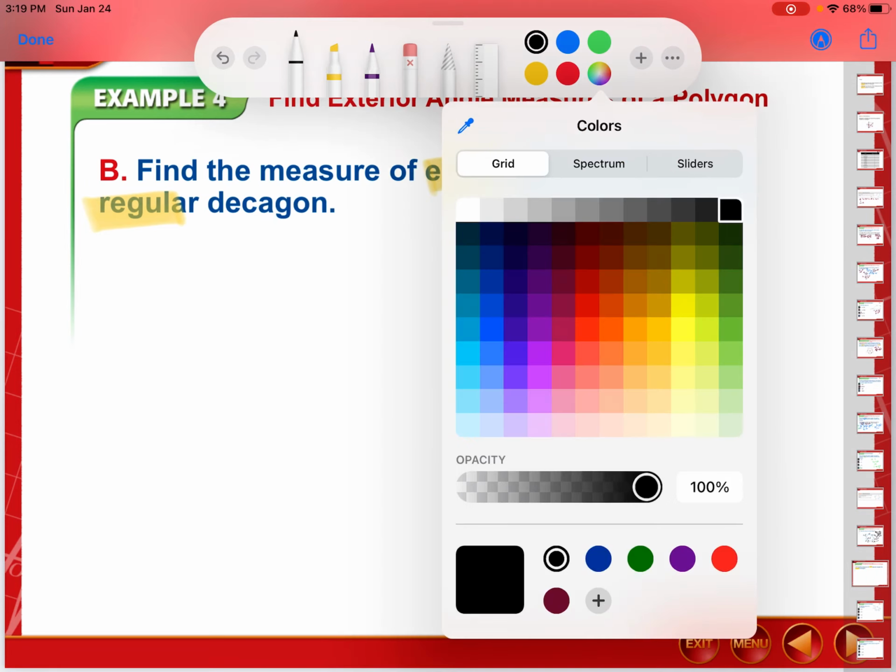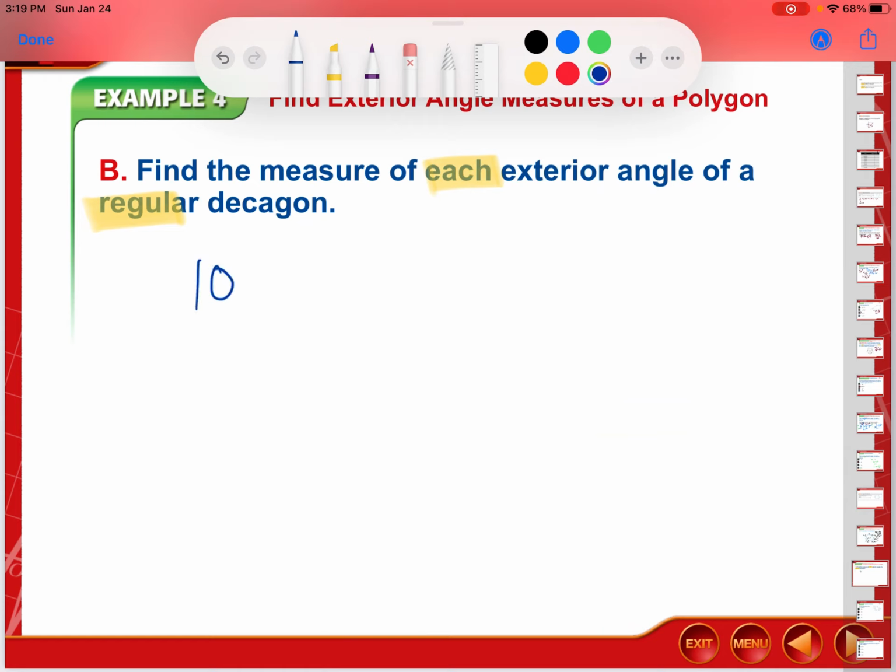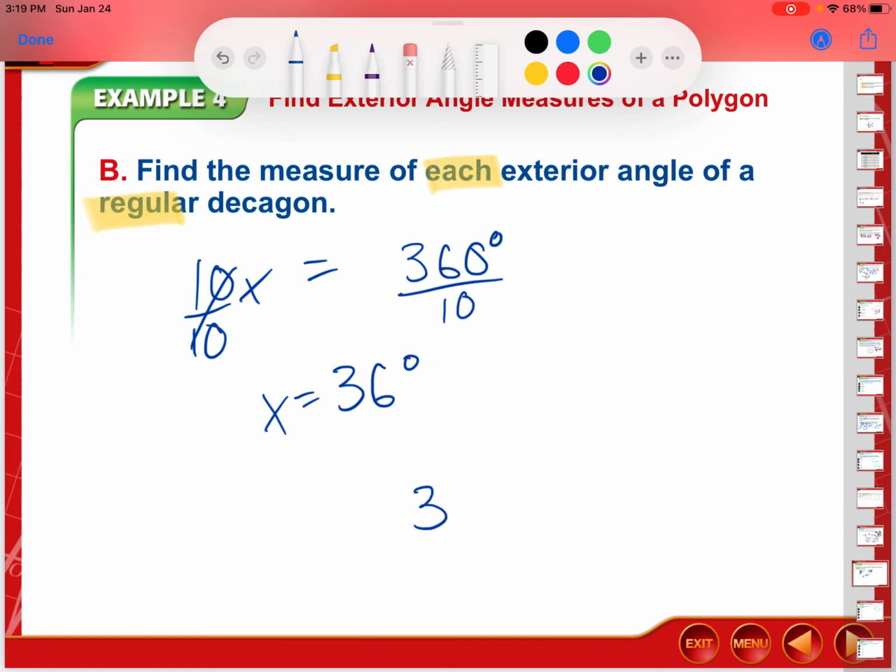Well, as we all know, a decagon has 10 sides, and each one of those exterior angles adds up to equal 360 degrees. 10 sides means 10 exterior angles, so we're just going to call this 10x equals 360. We solve this. 360 divided by 10, so x equals 36 degrees. So each exterior angle would be 36 degrees.